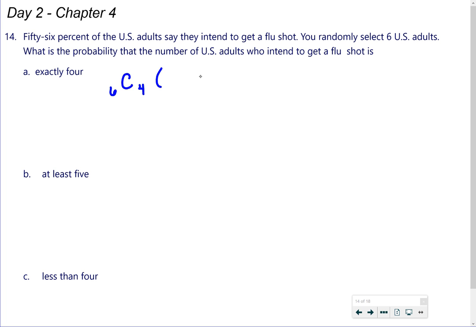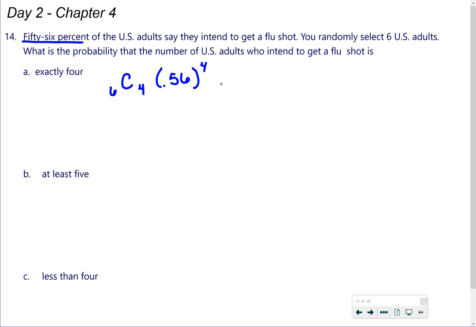Then we multiply that by our probability of success, which is what here? 56%, so 0.56. To what power? The 4th. That's always going to multiply or match up with your successes on the combination there.